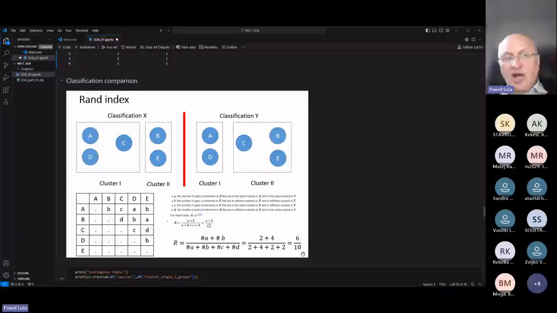The maximum value is 1. We have 1 when we have the same two classifications.